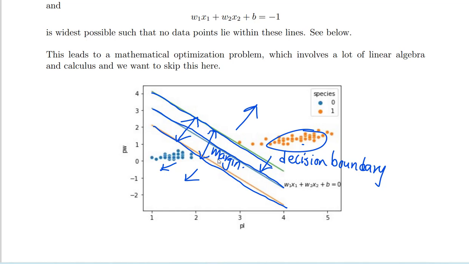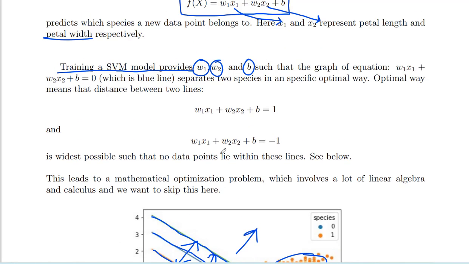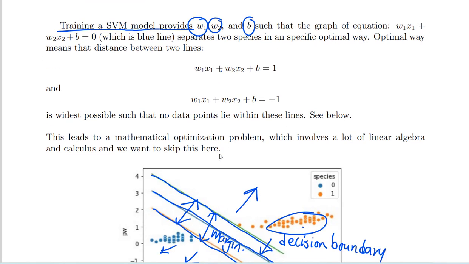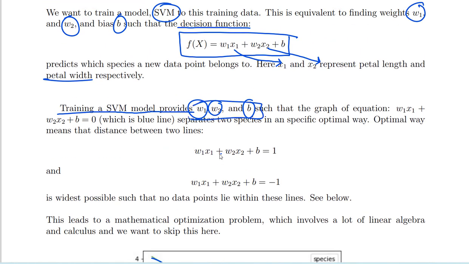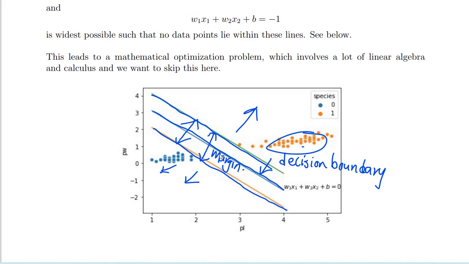Based on this, all we need is finding the values for w1, w2 and b. Fitting the data means we get these three values. And how do we fit the data?